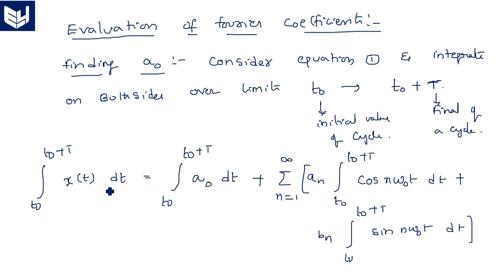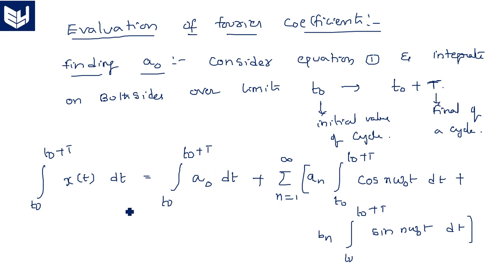Now, a naught is constant, so it comes out, and the integration from t naught to t naught plus t gives only t, and after substituting we have t naught plus t minus t naught, t naught cancels, and t will come.